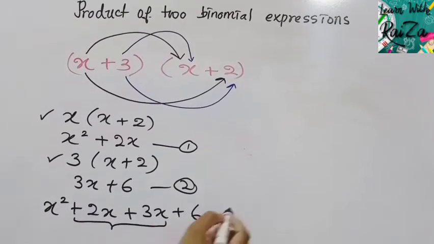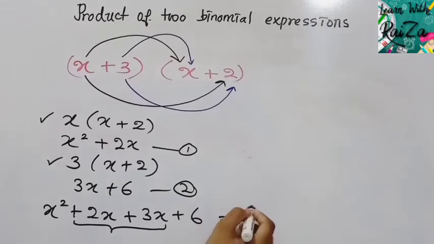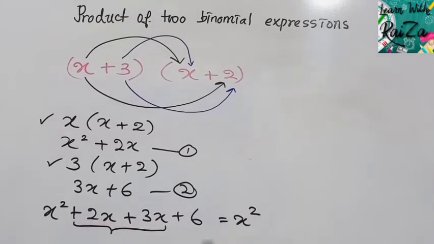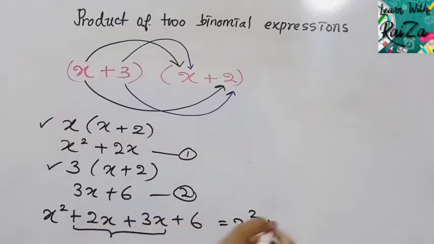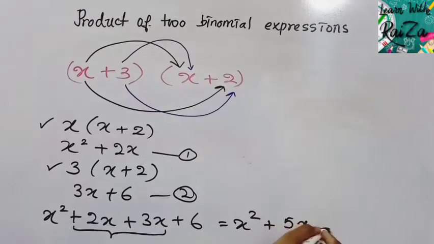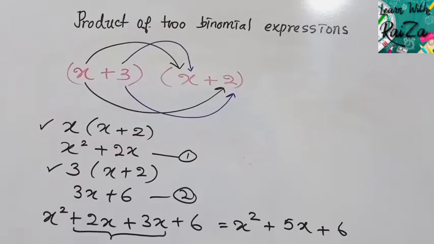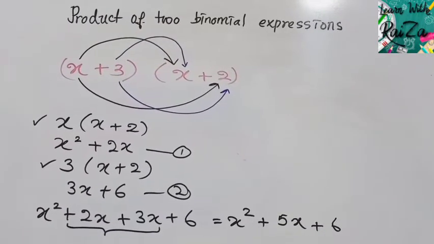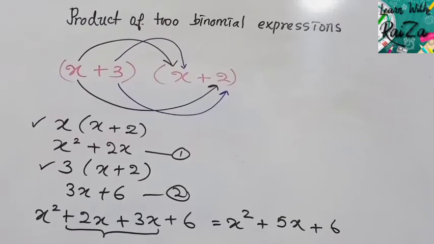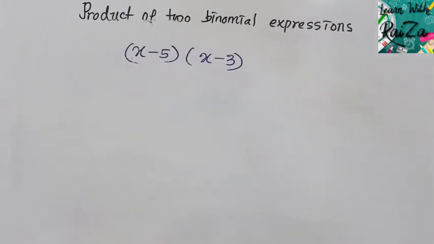So let's add them here. x squared, 3x and 2x together we can add since they are like terms. So 5x plus 6. So this is the answer of the product of the two binomial expressions, that is x plus 3 into x plus 2. Okay students, now I have considered another example.